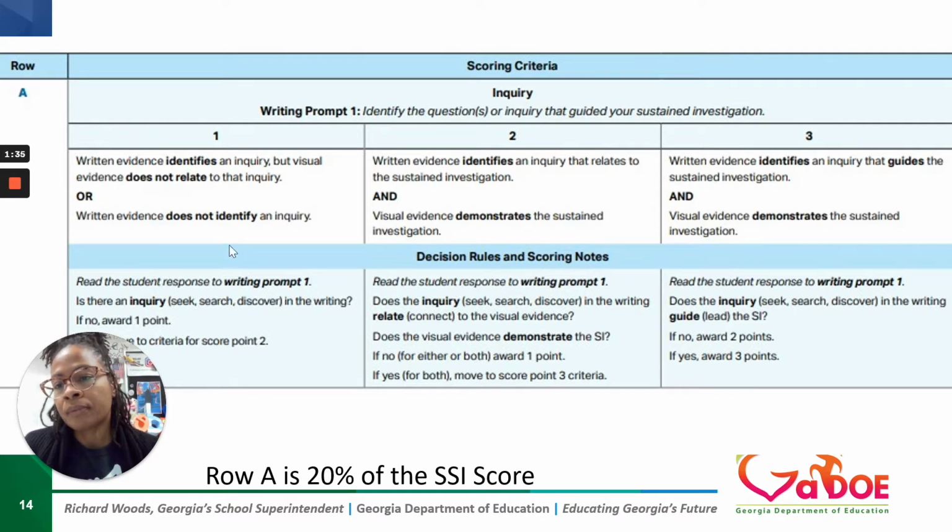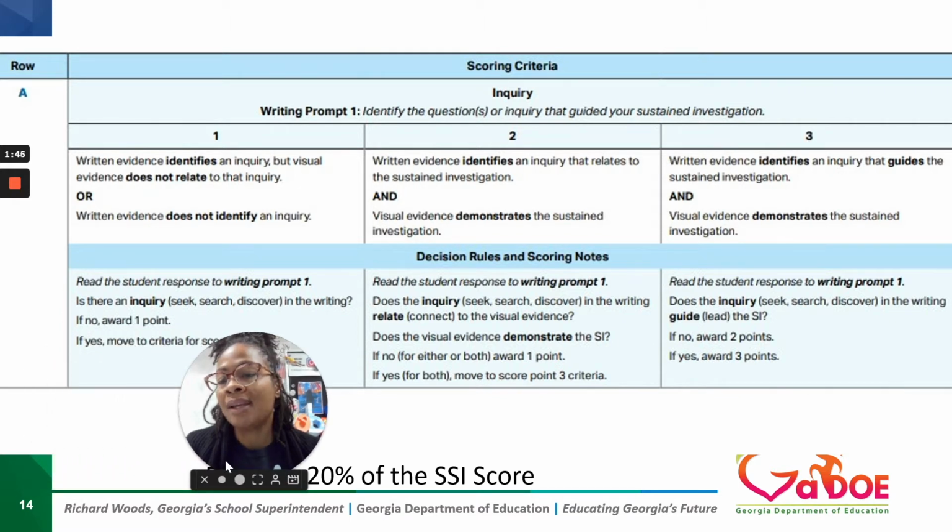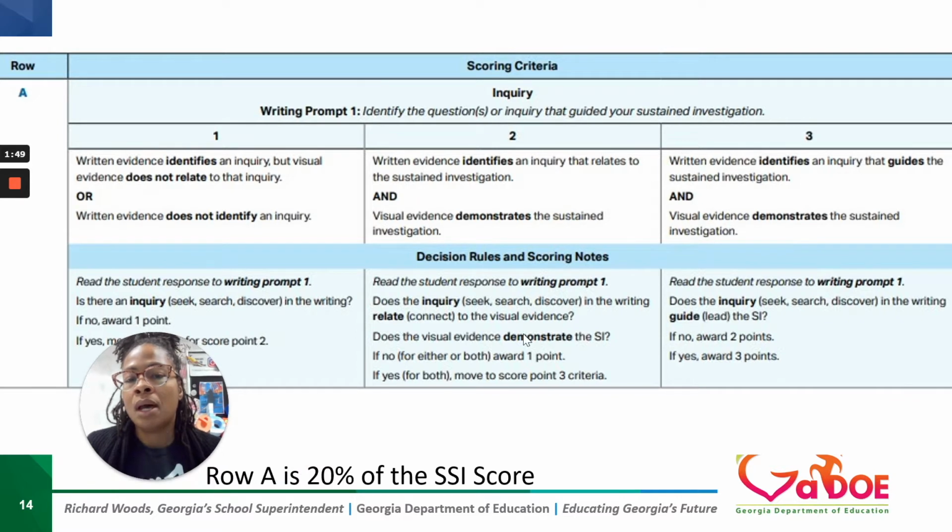So if you look at the bottom, read the student response, writing prompt 1. Is there an inquiry, seek, search, discover in the writing? If no, award point 1. If yes, you move to score point 2. All these are prompts that we can use to guide our scoring throughout the scoring process.